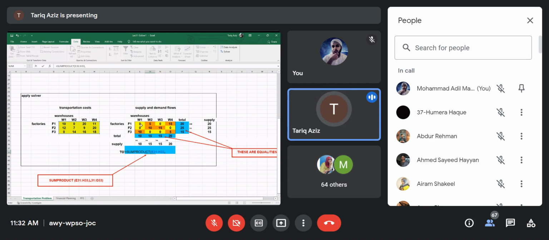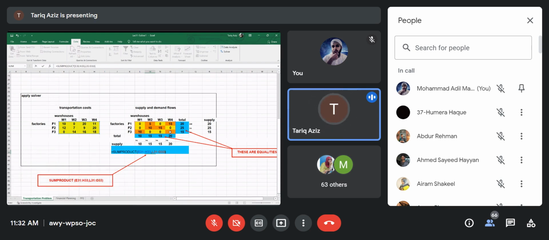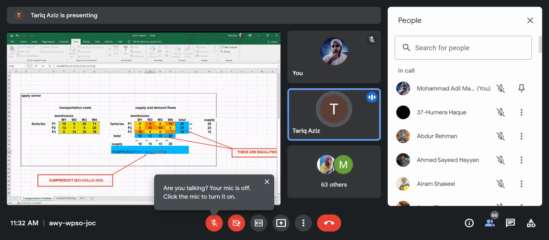After selecting this cost matrix, you have to select the number of goods, the matrix. So after selecting this, I will close this bracket and press enter. So this is the total cost of transportation that is coming out to be 460.